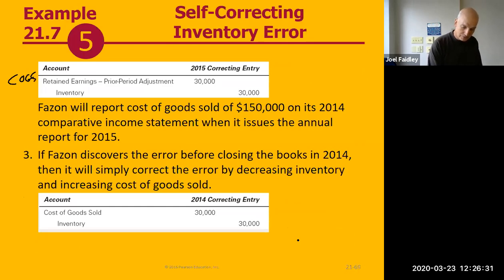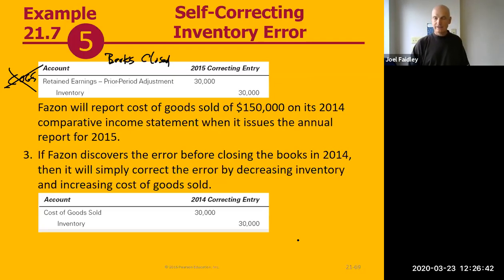But the books are closed, right? So we can't use cost of goods sold. We have to put it into prior period adjustment retained earnings. And there's no tax involved in this, to try to make it as straightforward as possible. So that's my 2015 correcting entry. Look at number 3.